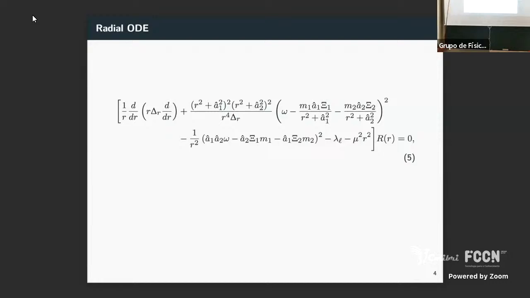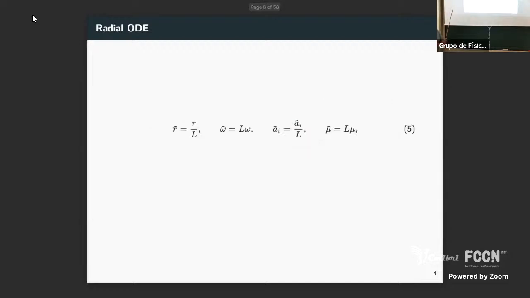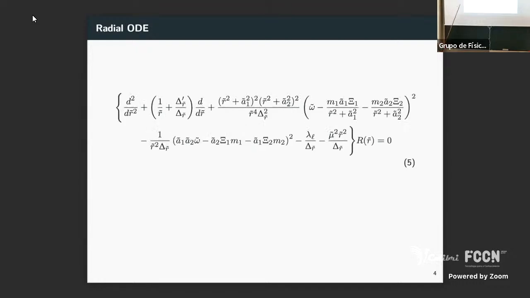Delta r is related to the position of the horizons, and lambda L is the separation constant that you introduce to decouple the ODEs. We defined these dimensionless parameters and coordinates just to get rid of the radius of AdS, so the equation is essentially dimensionless as well.